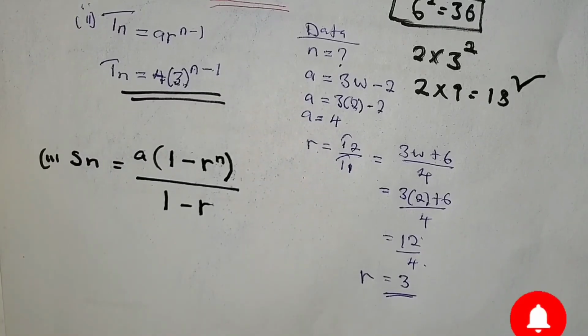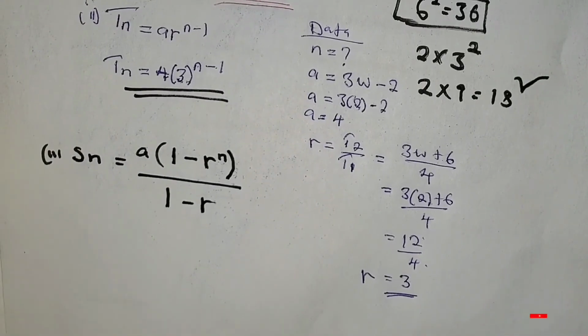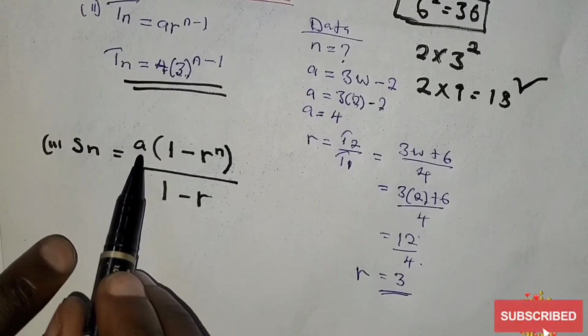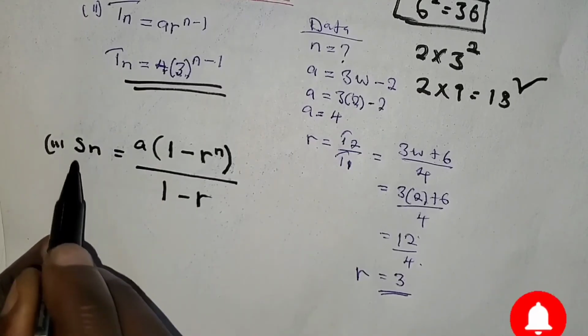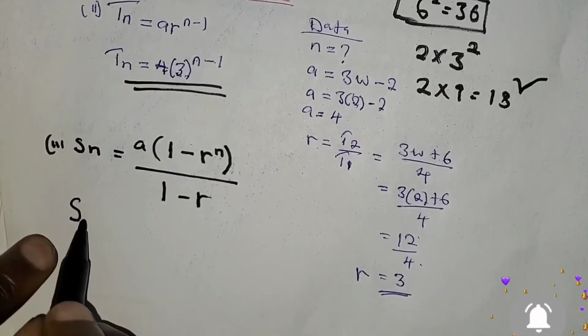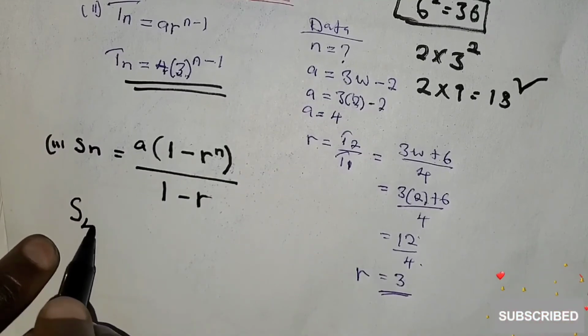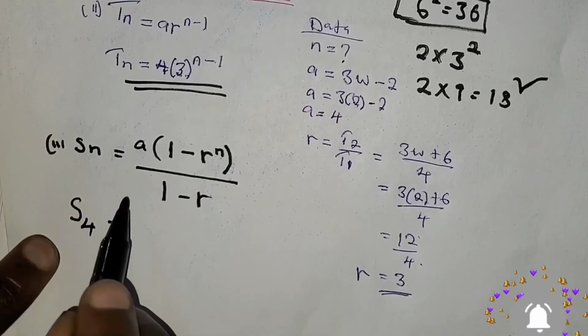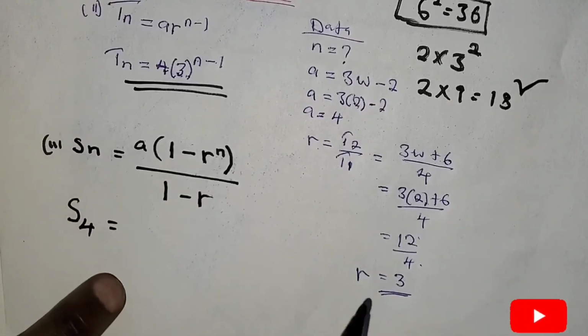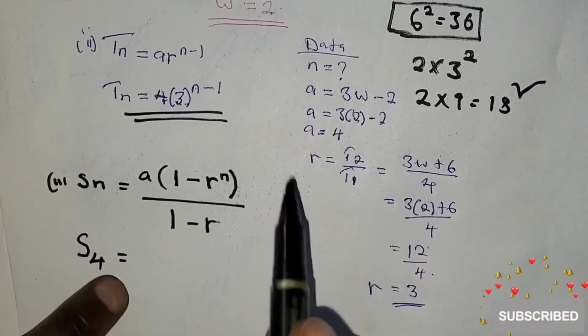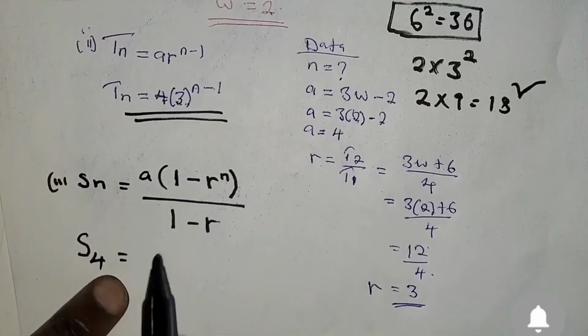Okay, now let's substitute. What is the first term, A? As the first here is S n, we were told to find the sum of the first 4 terms. So n is what? 4. The value of A, the first term, we've calculated as 4.